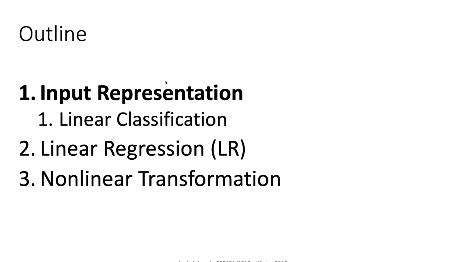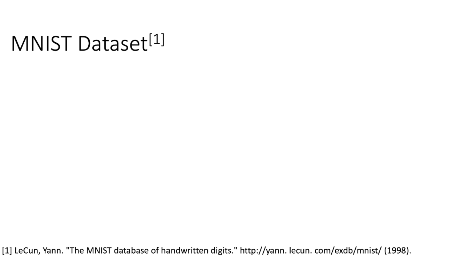Today we're going to talk about how to represent data from some well-known datasets. I brought two useful and well-known datasets. One of them is the MNIST dataset, which was the work of Yann LeCun, who is now the AI director of Facebook.